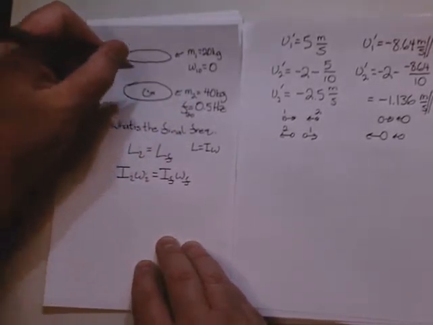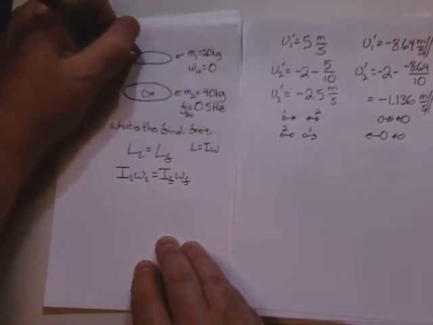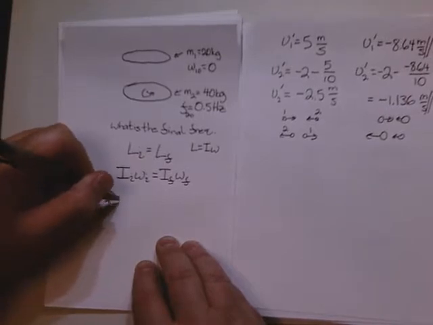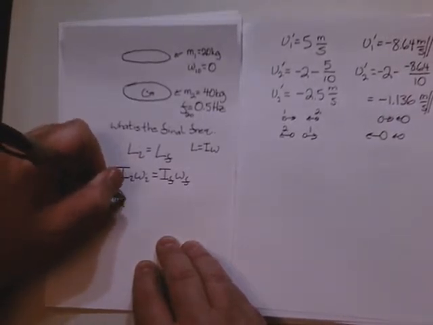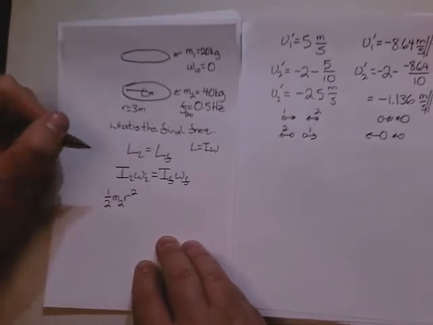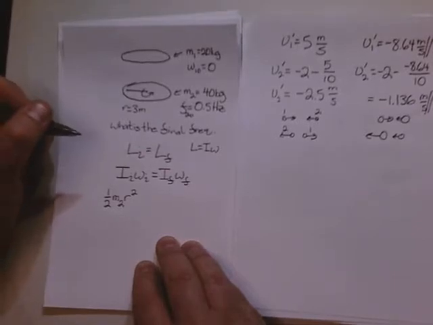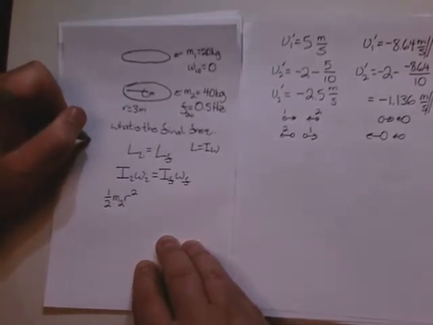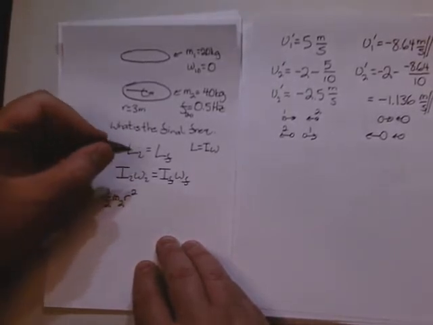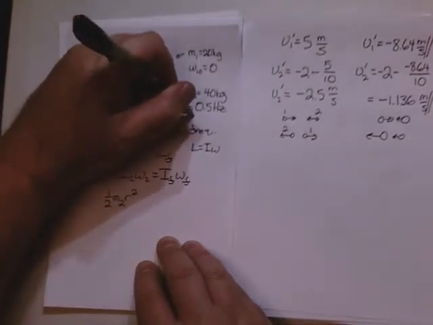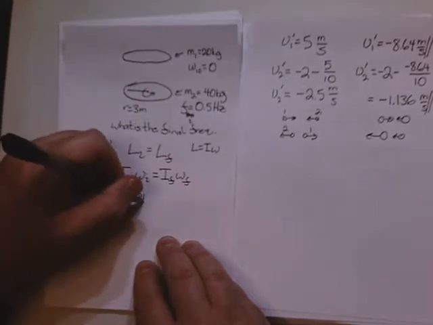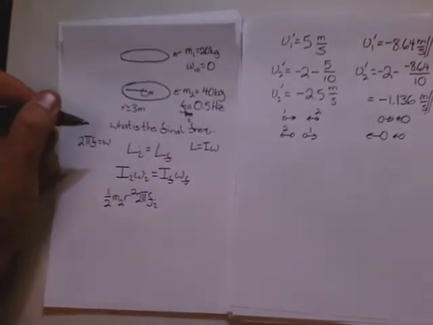The initial moment of inertia, since that one is not moving, is 1/2 m2 r squared. Let's make the r 3 meters. Two pi f is equal to omega. So initial omega is 2 pi initial frequency.